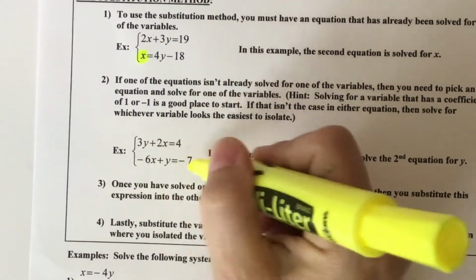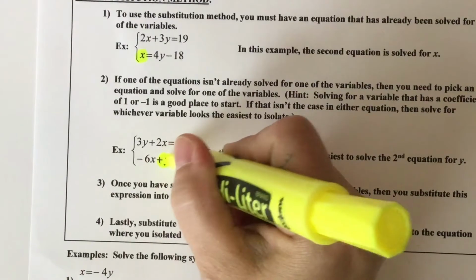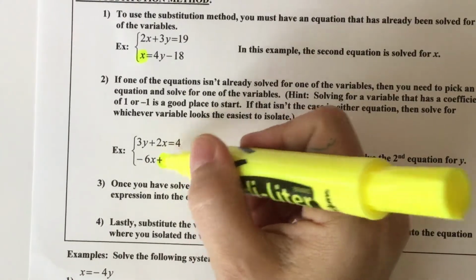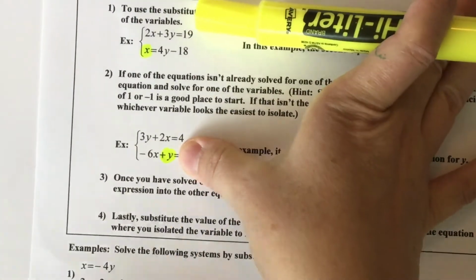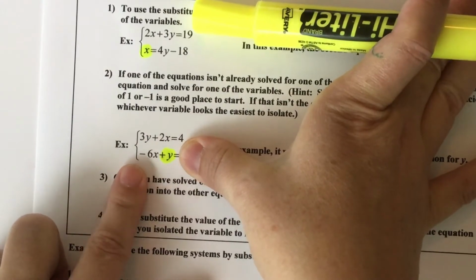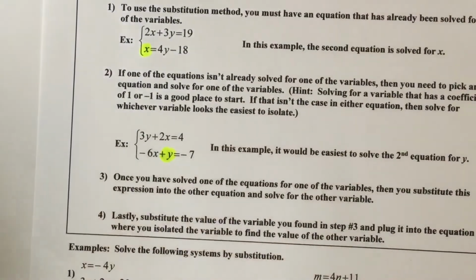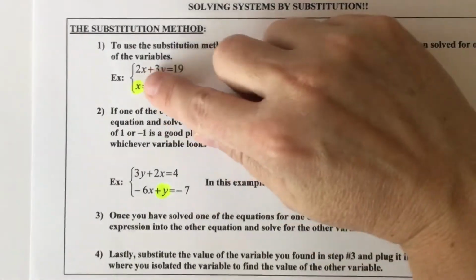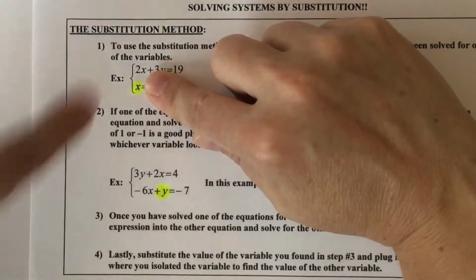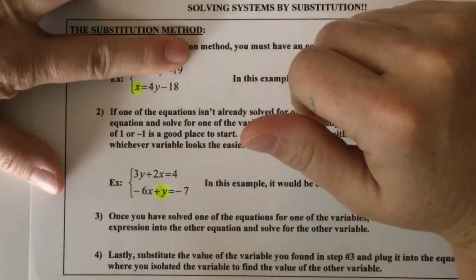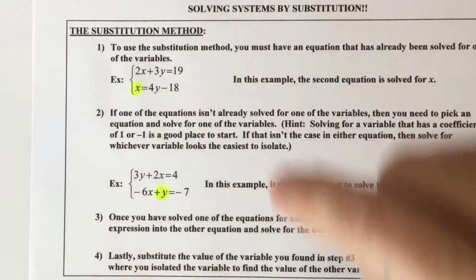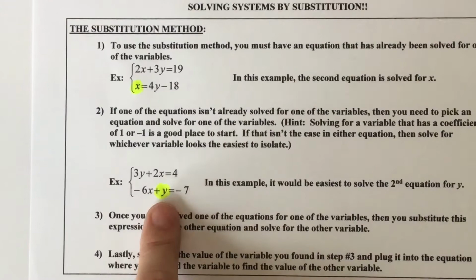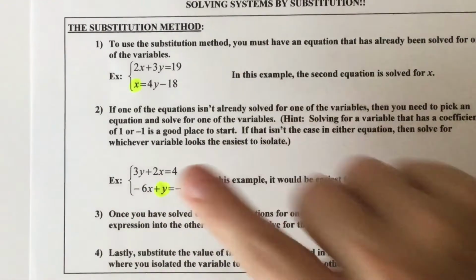So like in this example, I would want to get this y by itself because it's the only one that has a 1 in front. So I would have to get it by itself by moving the -6x. And then I would be able to start. So that's your number one goal with substitution. Have a variable all by itself on one side of the equals and then everything else on the other side. And if it doesn't happen, look for the variable with the 1 in front and get it by itself.